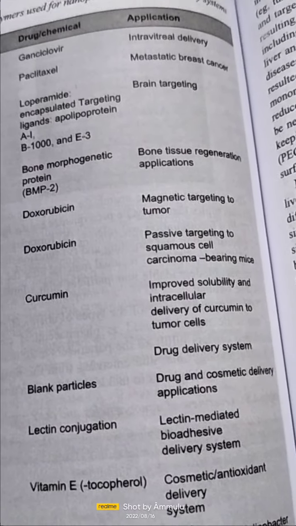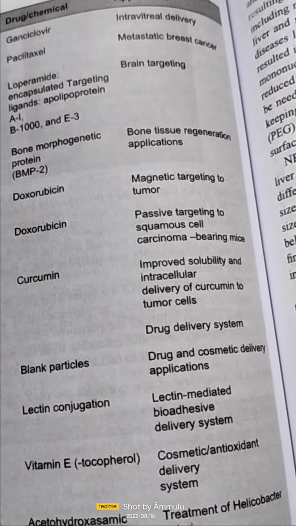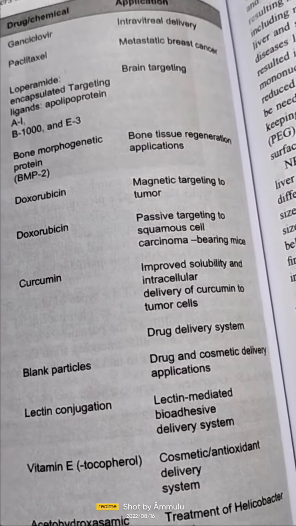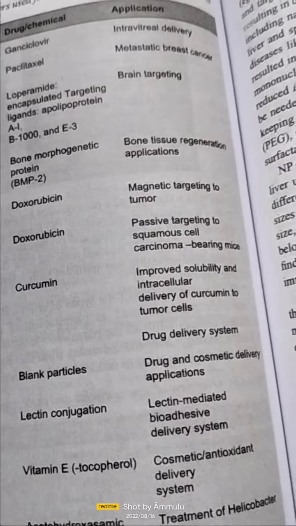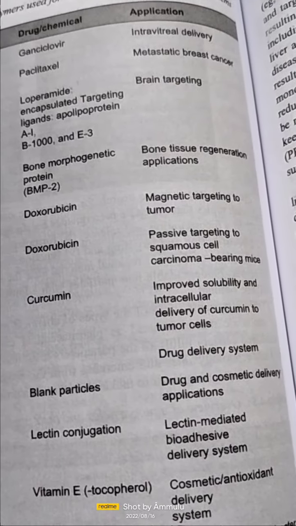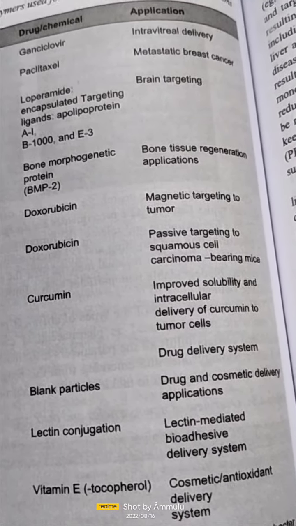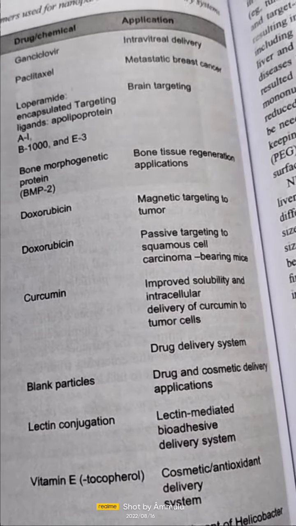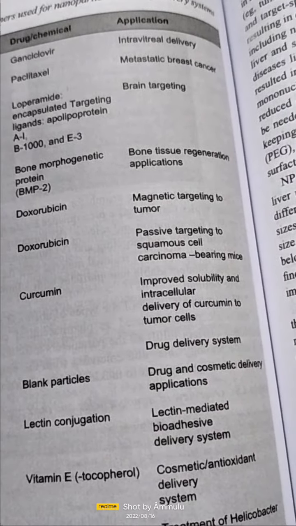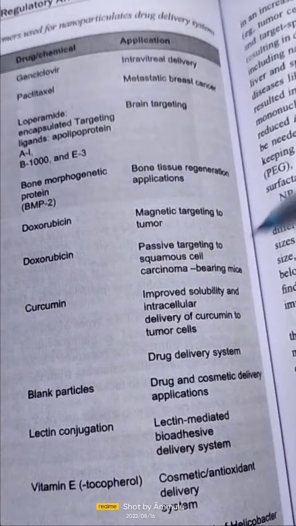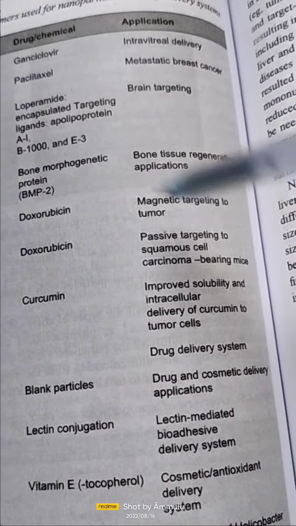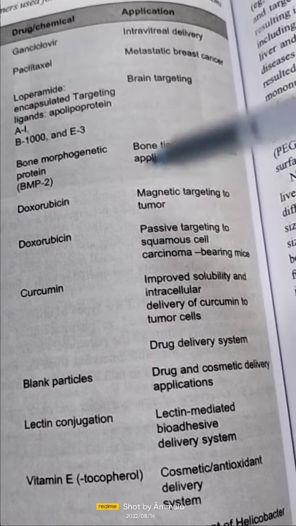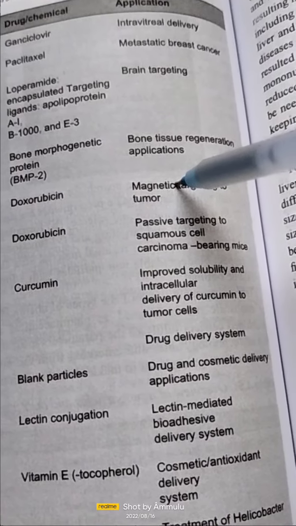Doxorubicin is a drug or chemical taken in 300 nanometer particle size, and it binds to the gelatin. The use of doxorubicin is cancer, magnetic targeting to tumor. That is nothing but cancer.